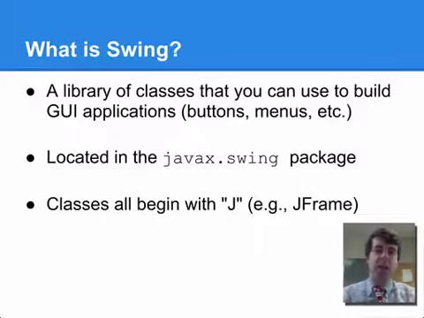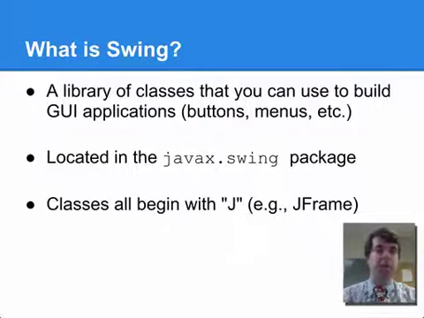So what is Swing? Well, it's a whole collection of classes that Java created in some of the later versions to allow programmers to create more polished, professional-looking graphical applications like the ones that you're used to seeing on your computer. So it contains things like buttons, scroll bars, menus, text, checkboxes, anything that you might expect to see in a program that you use.